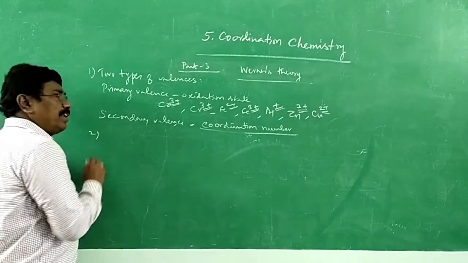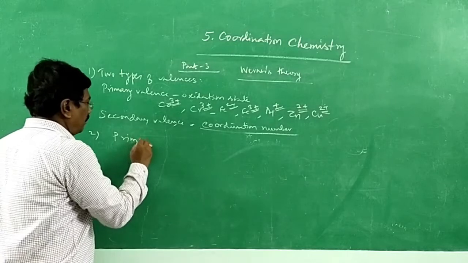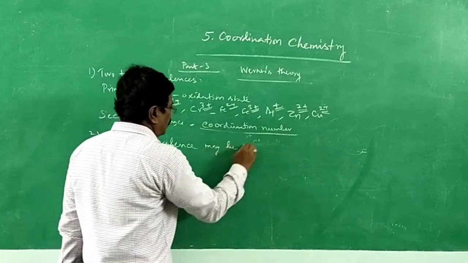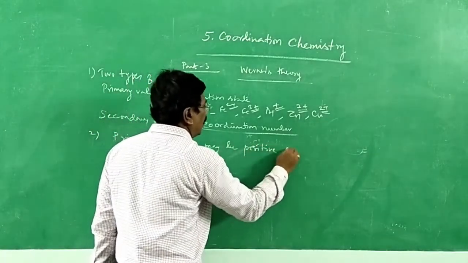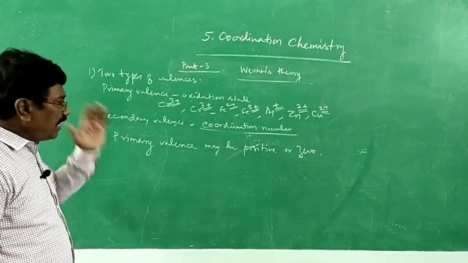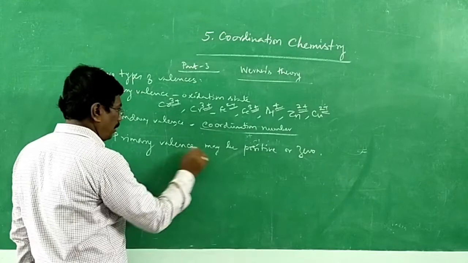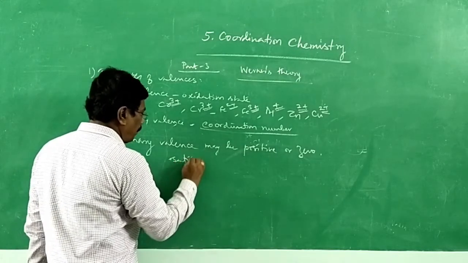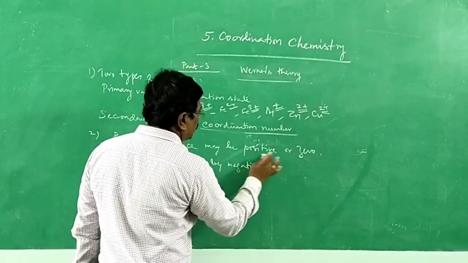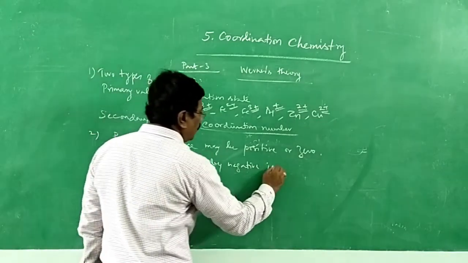Now, primary valency may be positive or 0. Primary valency of a metal atom or ion is usually positive, mostly positive, or sometimes 0. It is always satisfied by negative ions, or if it is 0, it need not be satisfied by negative ions. Primary valency positive means plus 2 needs 2 negative ions, plus 3 means we should have 3 negative charges.